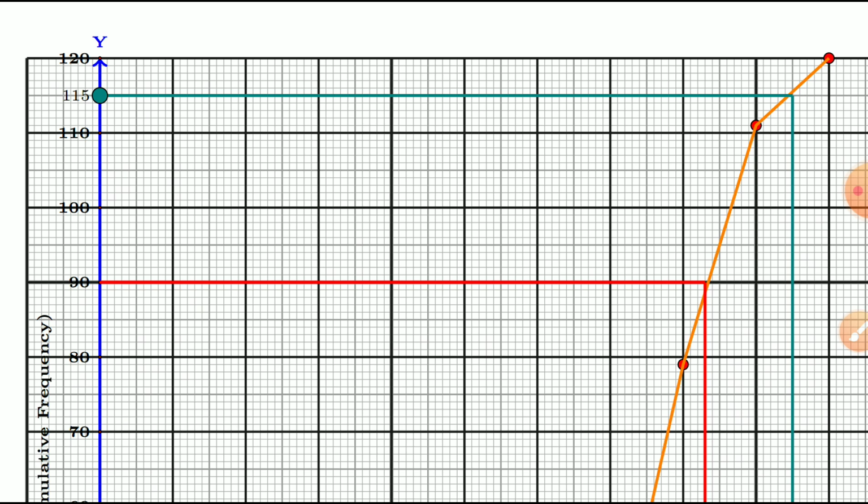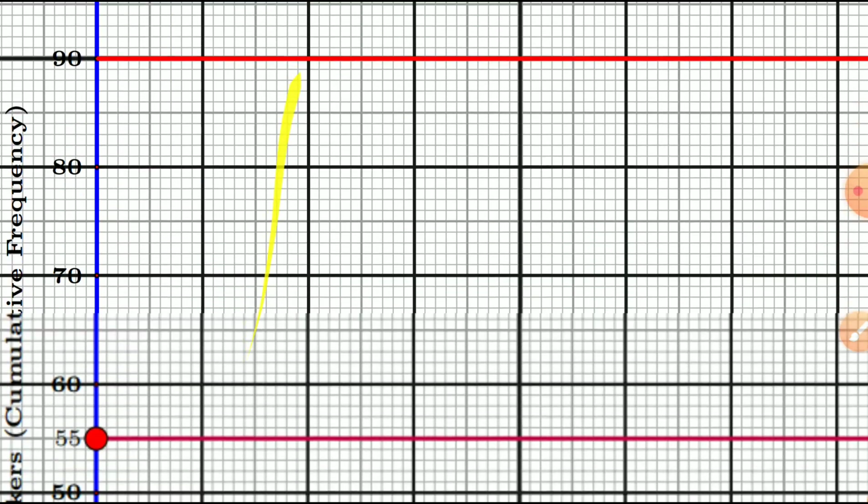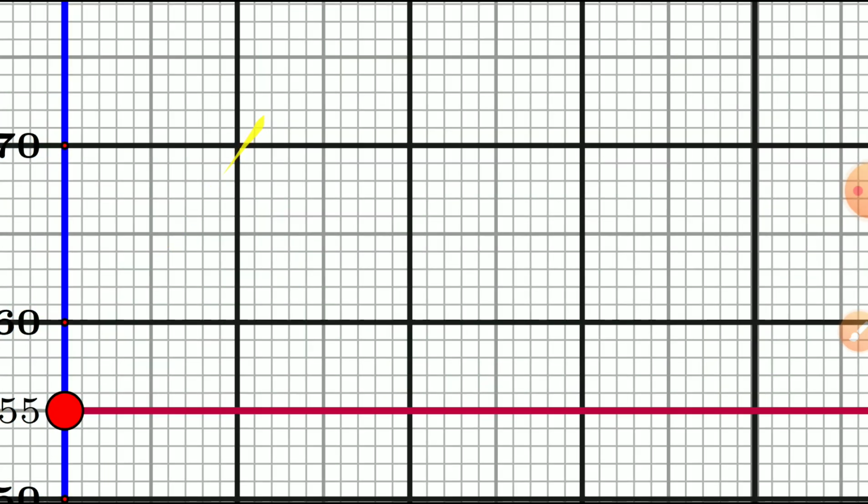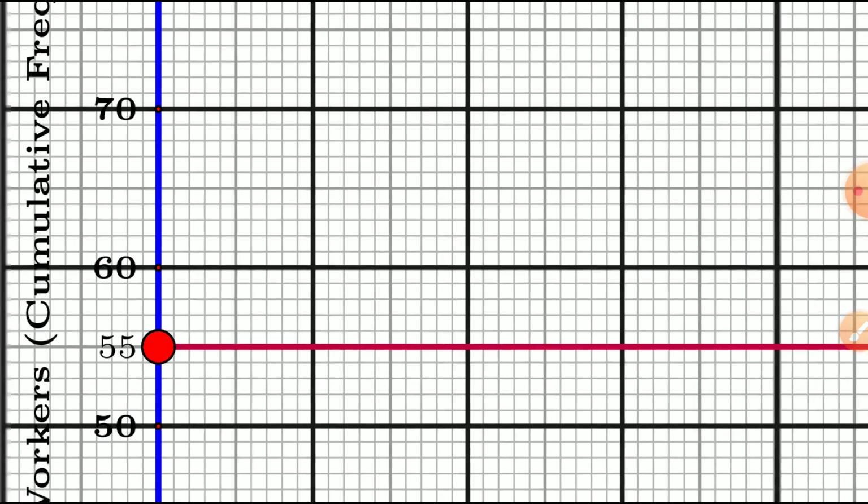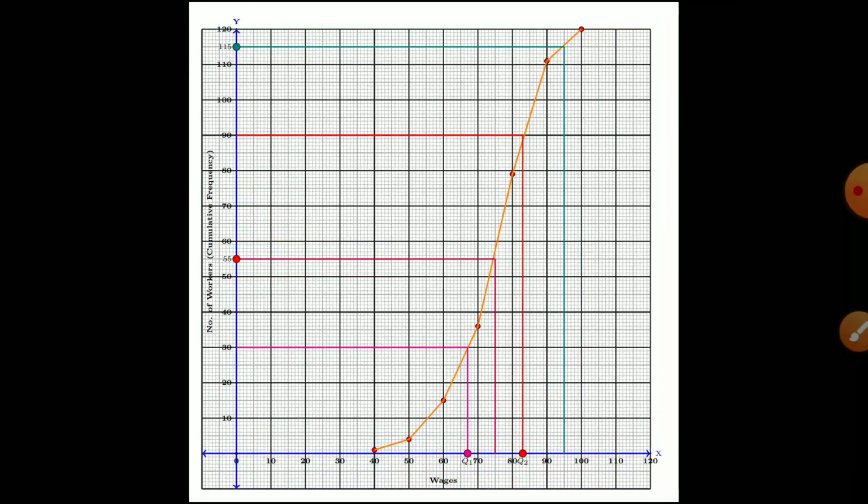We take the subtraction of this point 115 and this point 55, and the subtraction gives the number of workers having wages between 75 and 95.